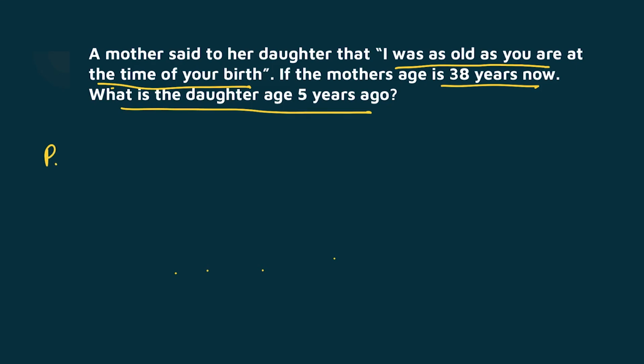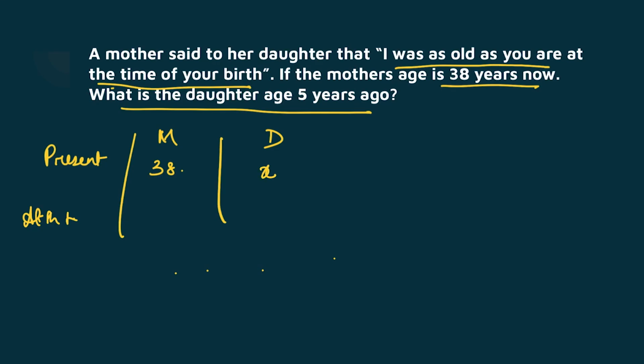They have given the present age of the mother as 38 years, and they have mentioned that the mother's age was equal to the daughter's age at the time of her daughter's birth. At present let's consider the daughter's age as x, and therefore the mother's age at the time of her daughter's birth will be 38 minus x, and obviously the daughter's age will be 0 at the time of birth.